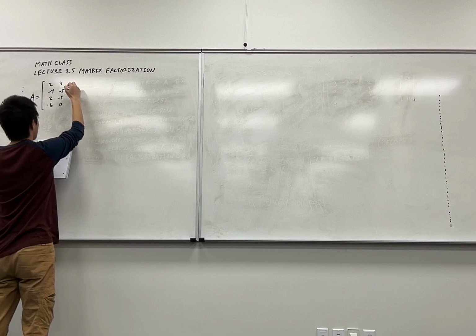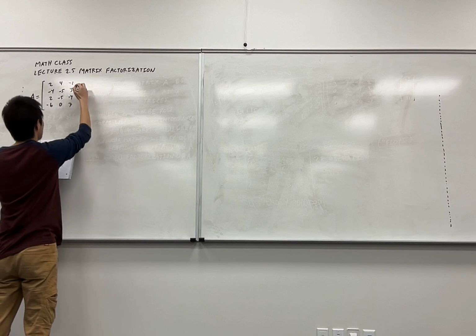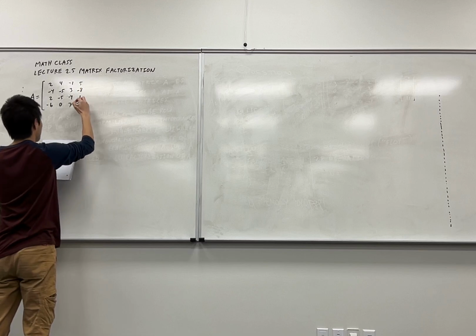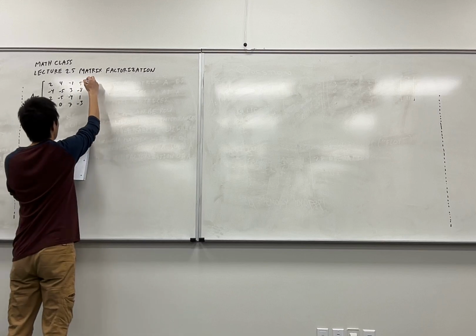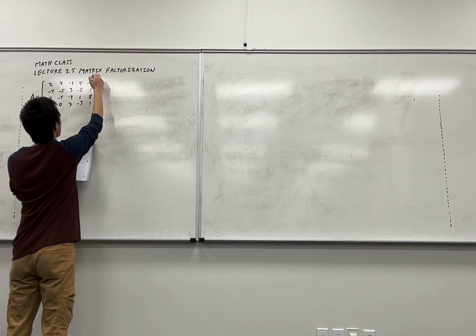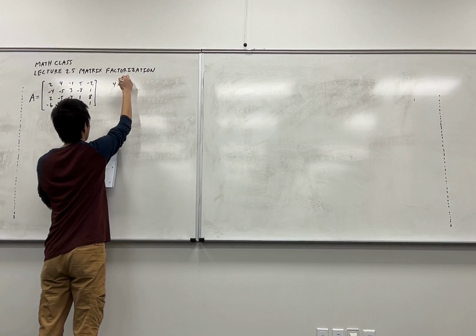Minus 1, 3, minus 4, 7. 5, minus 8, 1, minus 3. Minus 2, 1, 8, 1. Okay? So this is a 4 by 5 matrix.